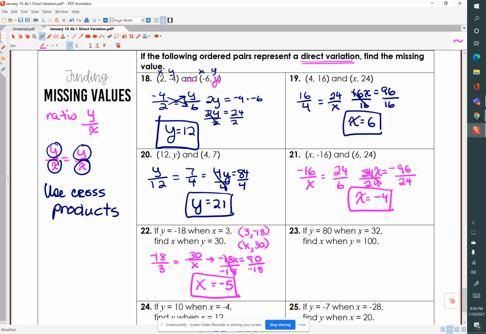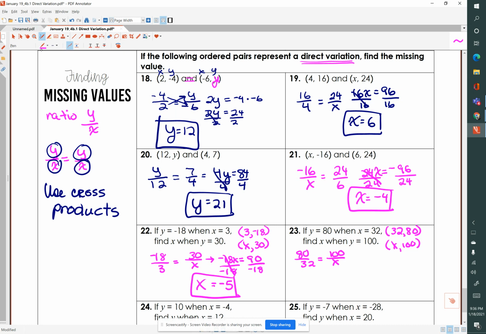Now, if y equals 80 when x equals 32, find x when y equals 100. This is very similar to the problem we just did. So we have 80 over 32 equals 100 over x.